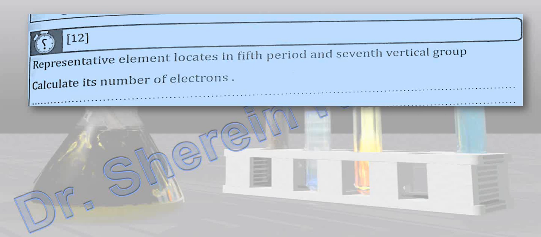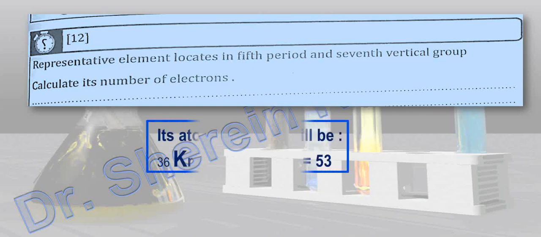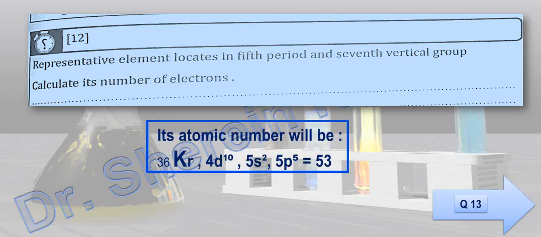So we have 2, 8, 18, 32, and in the last energy level we have 15 electrons, so the number will be 53. Its atomic number, or the number of electrons here, will be 53 electrons. Okay, we are going to question number 13.